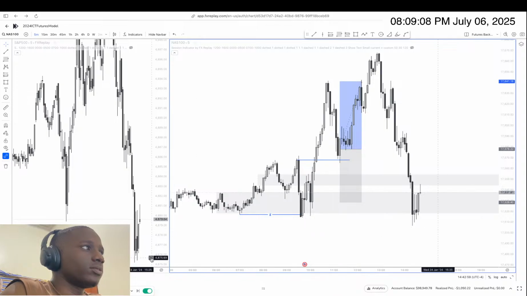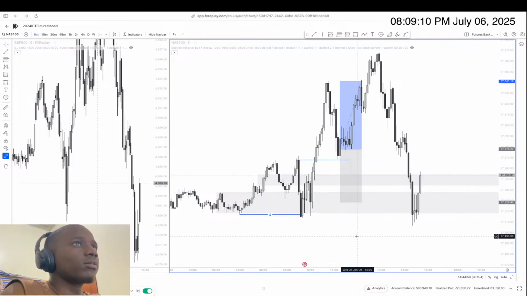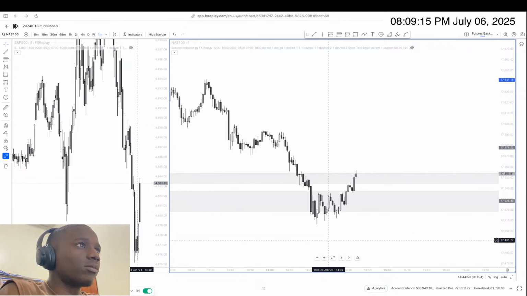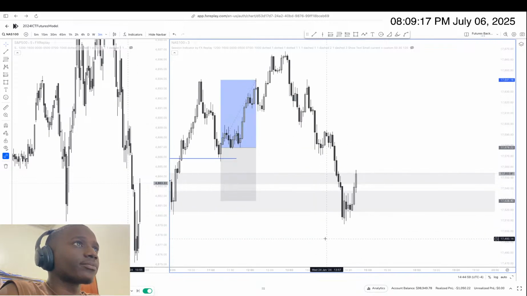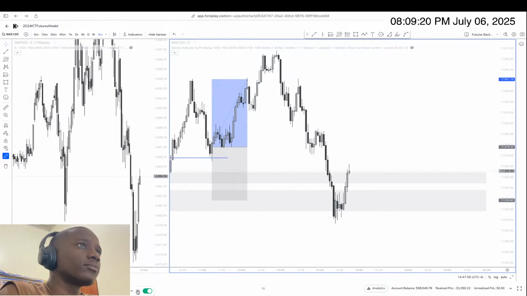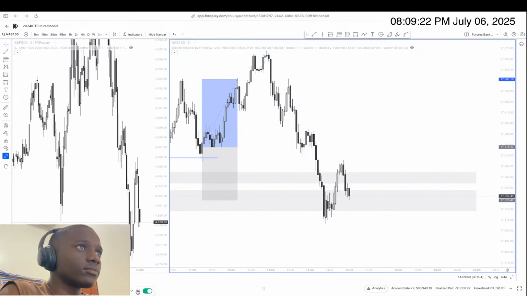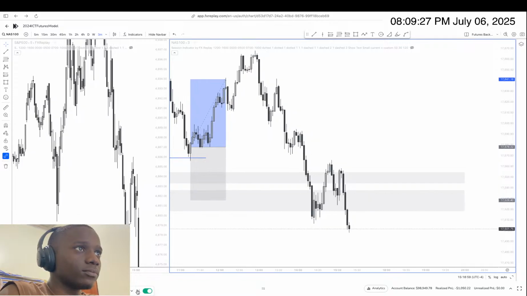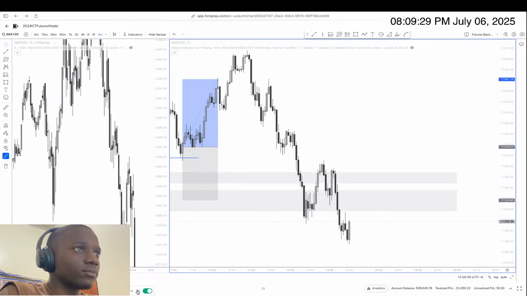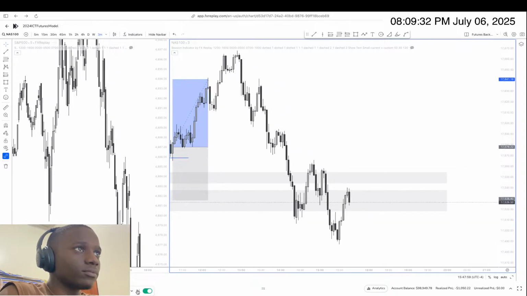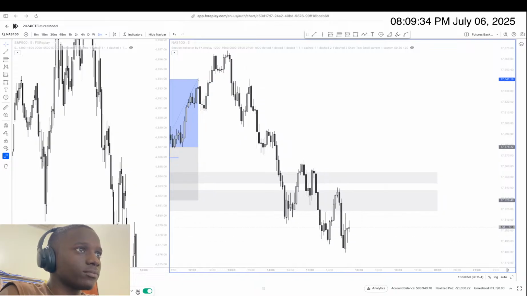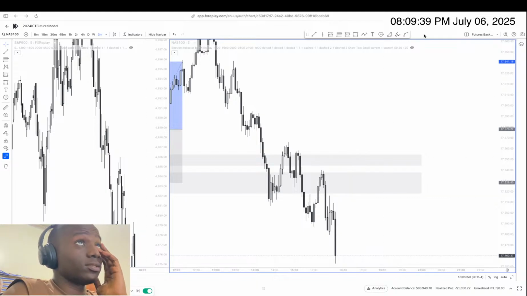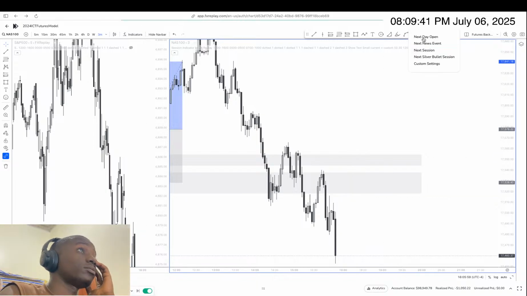So check out these lows and determine how it looks. Crazy. Let's go to the next day now.